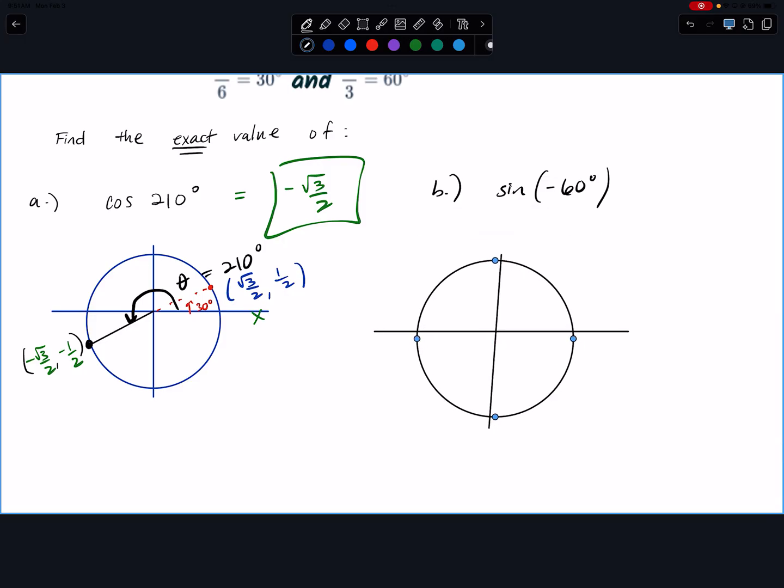Where is this? Quadrant 4? Because if I'm going negative, remember I'm going this way. So negative 60 degrees in this direction is going to look something like this.